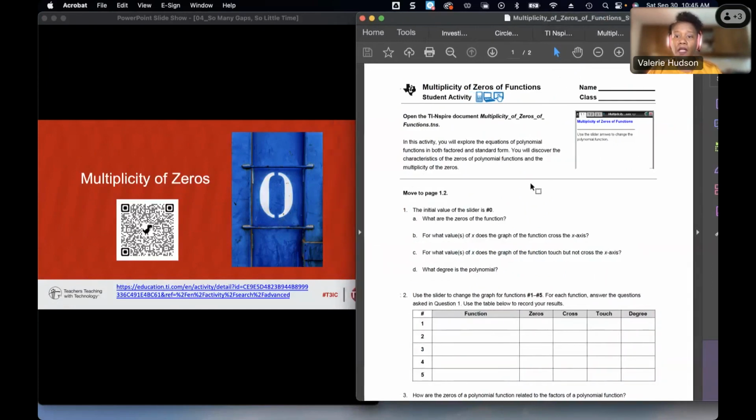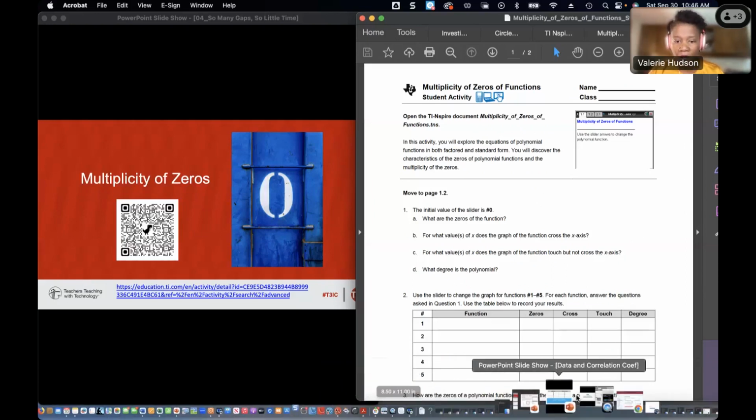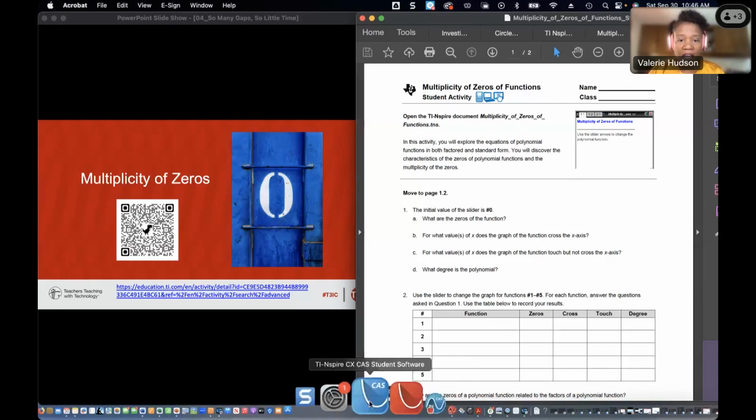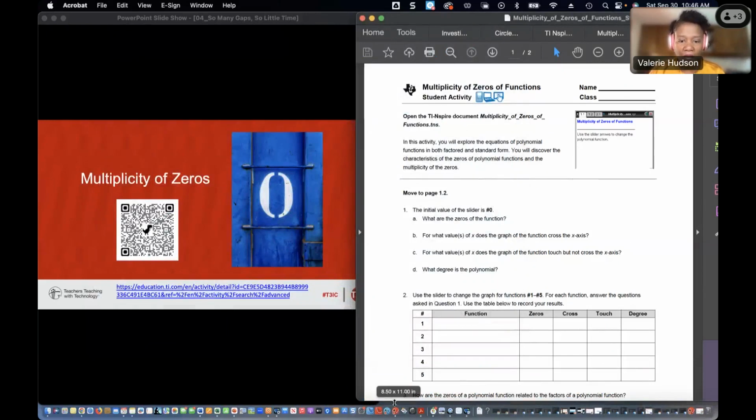And so we'll be dealing with sliders, and students will identify the x-intercepts, zeros, talk about the degree of the polynomial, talk about the end behavior, have to write equations themselves based on graphs. So let me pull up my software here. I know sliders are pretty cool, and I'm sorry, something is trying to open, which we do not want. All right, there we go.